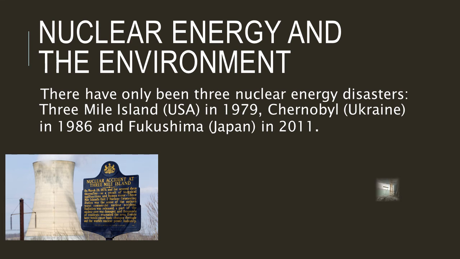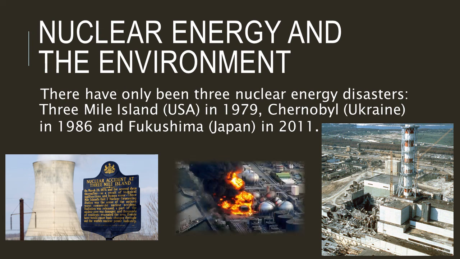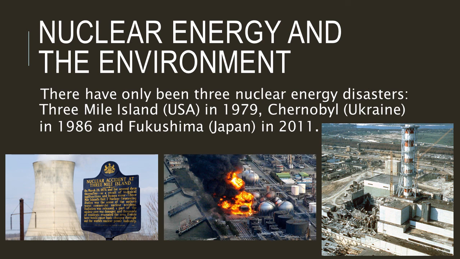The second occurred at Chernobyl in what is today Ukraine, but at the time was in the Soviet Union, and this happened in 1986. The most recent one was in Fukushima, Japan, in 2011. This followed the tsunami that occurred due to the earthquake.